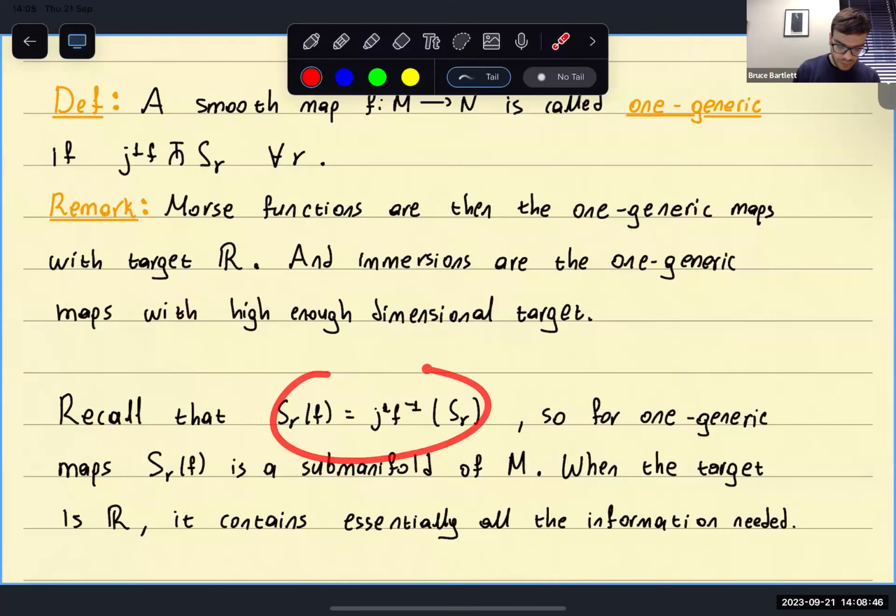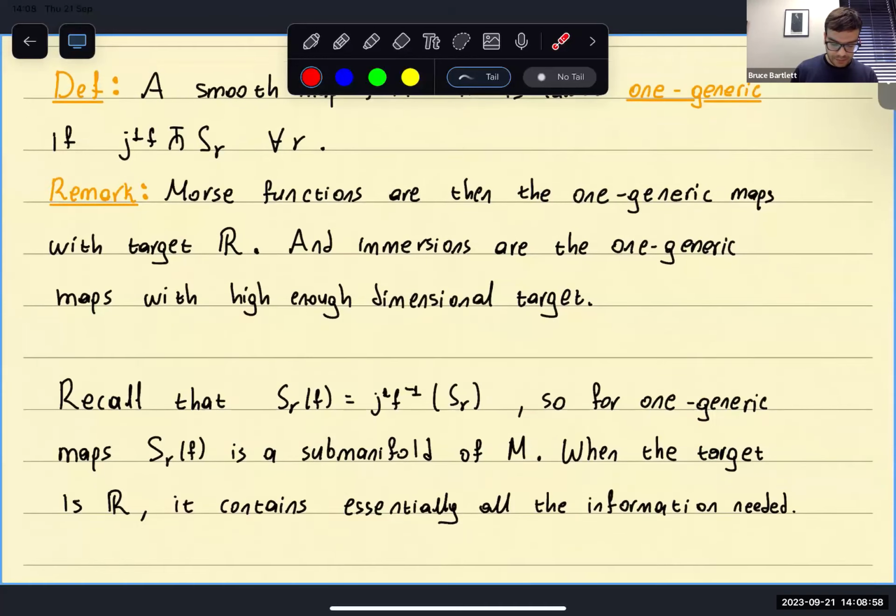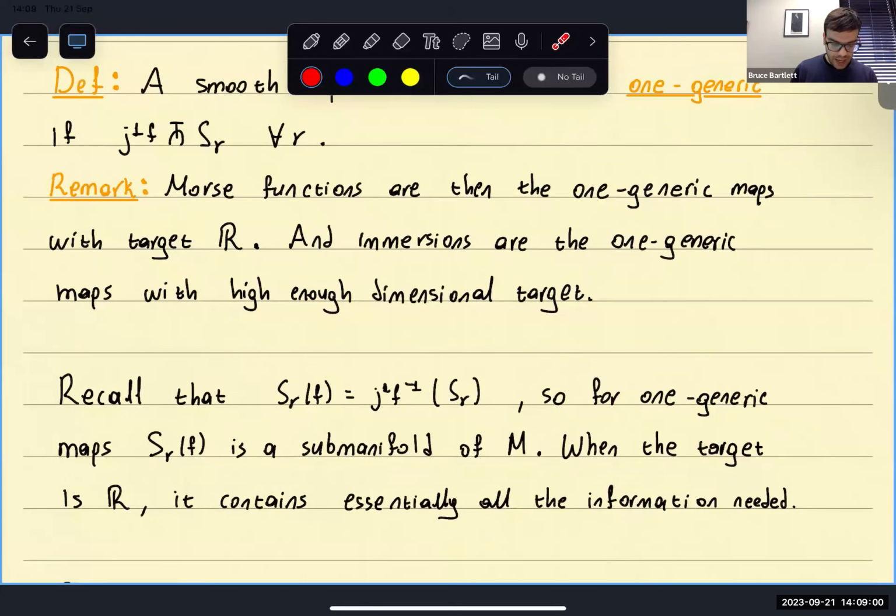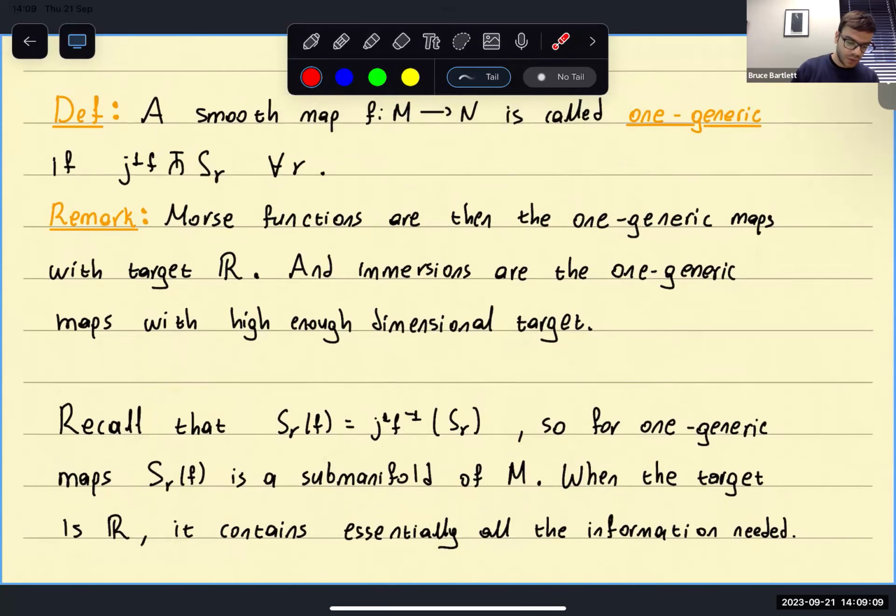It just follows from the fact that if your target is one-dimensional, then you can only drop rank by at most one. And the thing that did require transversality to see is that if j^1 f intersects S_1 transversally, then those critical points are all non-degenerate.